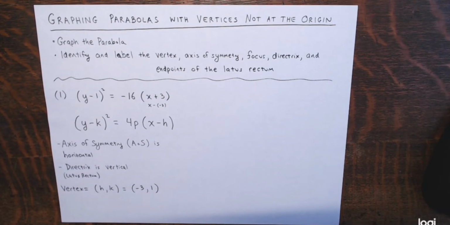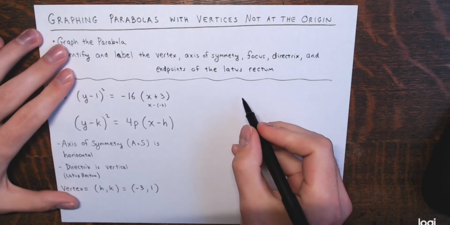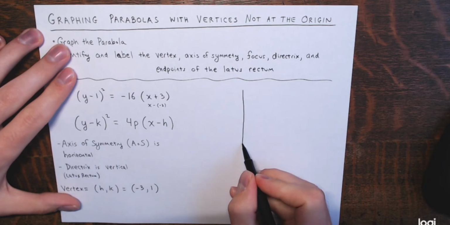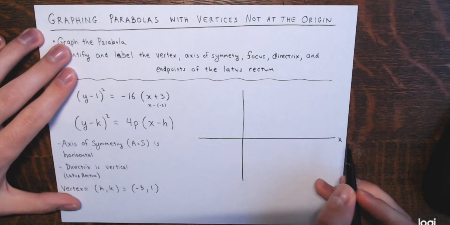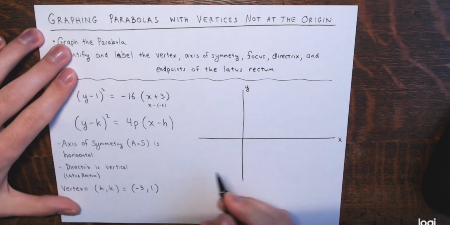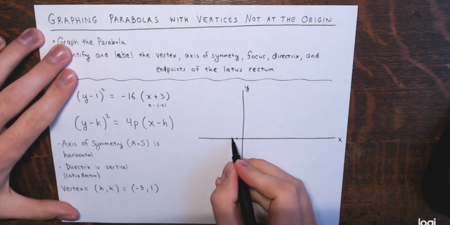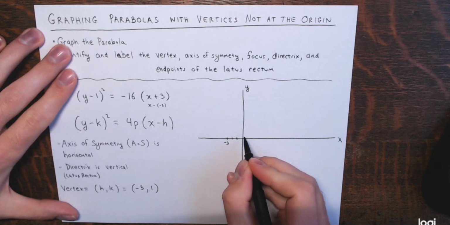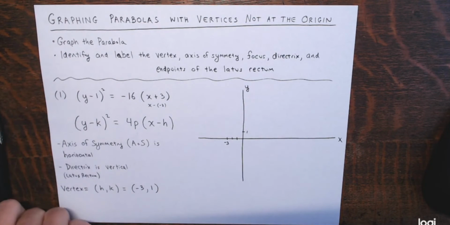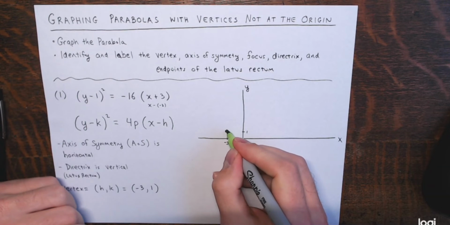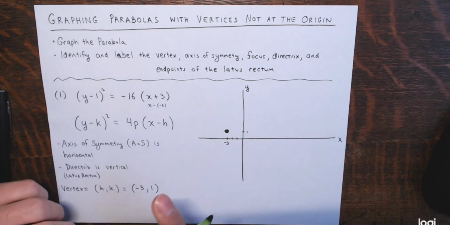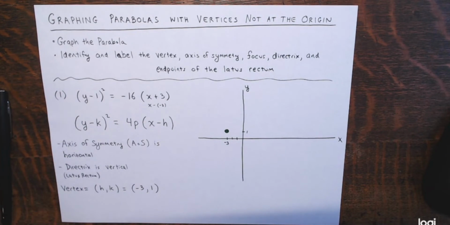All right, and then off to the side here, I'm going to start drawing a very rough sketch of our parabola information on the xy plane. So negative 3 for x, 1 for y, and here is the vertex. That point is actually on the parabola.